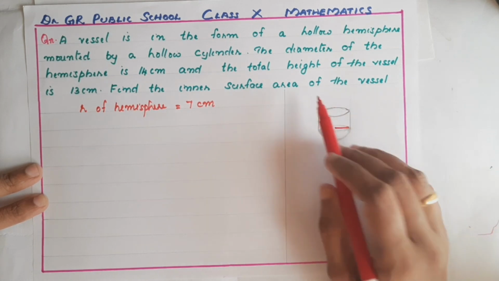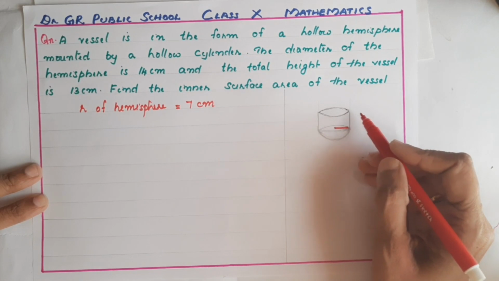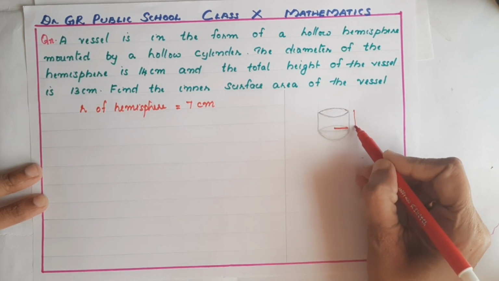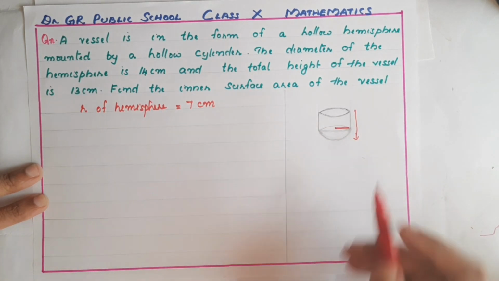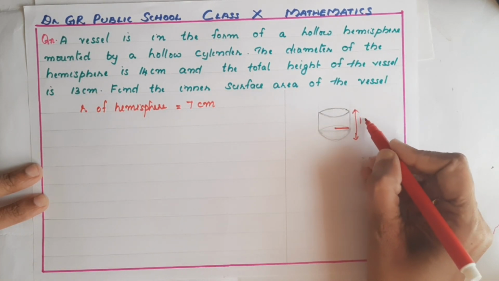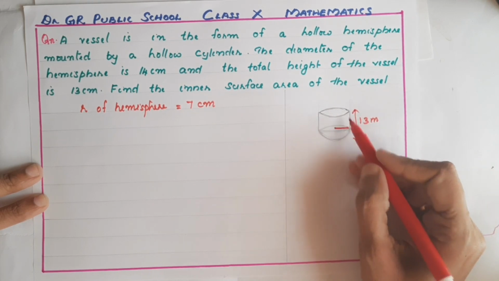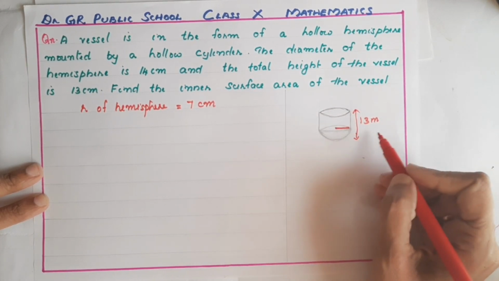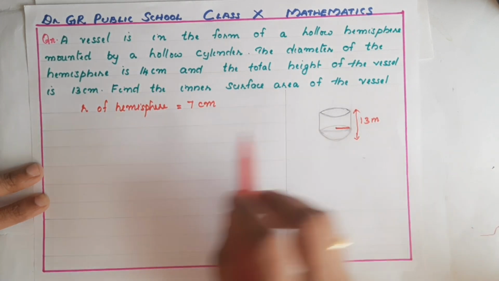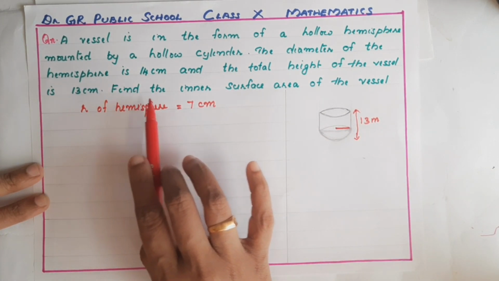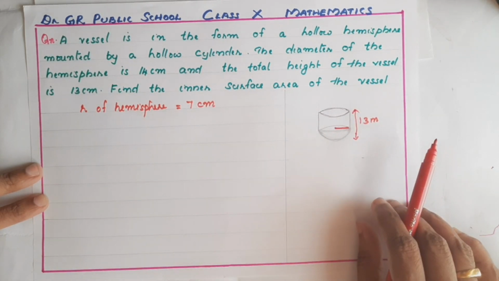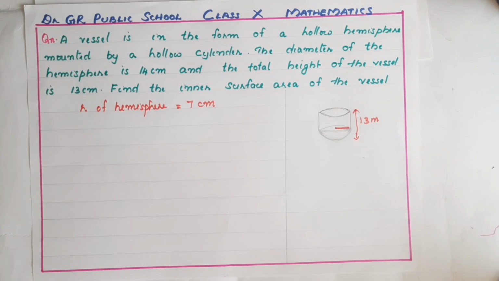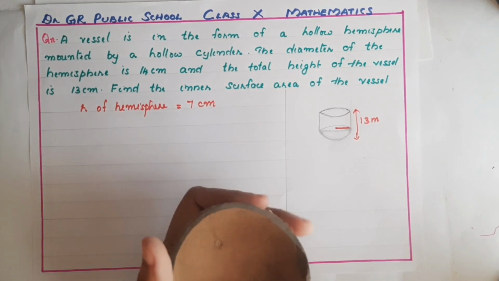The total height is 13 centimeter. That means from here to here, it is 13 centimeter. Together, the height is 13 centimeter. What is to be found? We have to find out the inner surface area of the vessel. So, let me show one thing. See, consider this as a hemisphere.